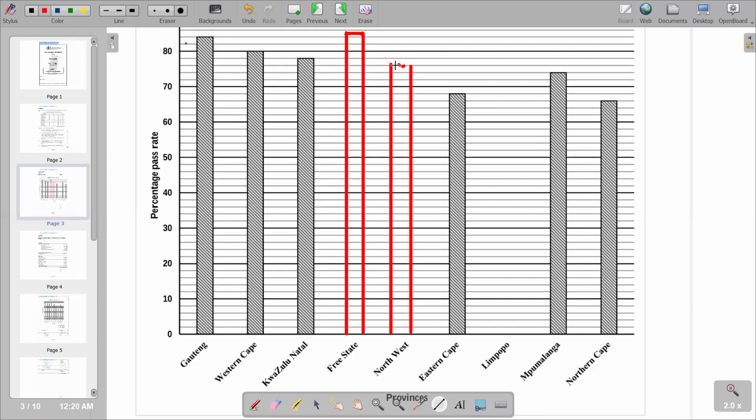And we have our horizontal line to close. This is what we have in terms of our Northwest. So we have completed the part that was incomplete in terms of Free State and Northwest.